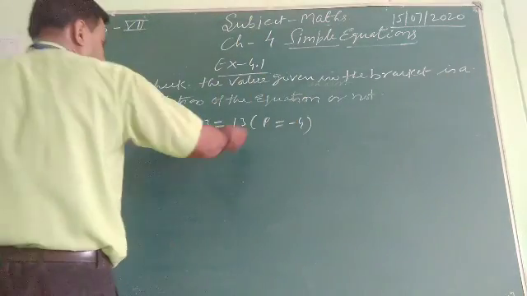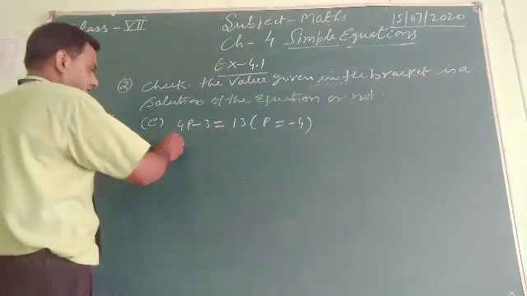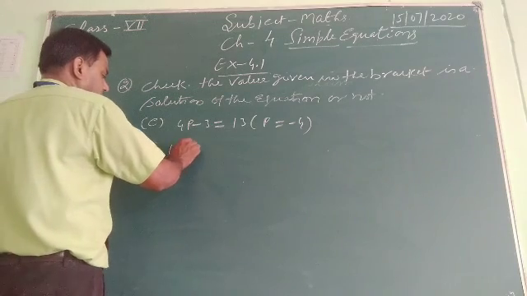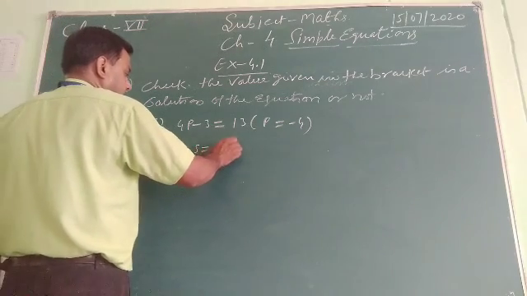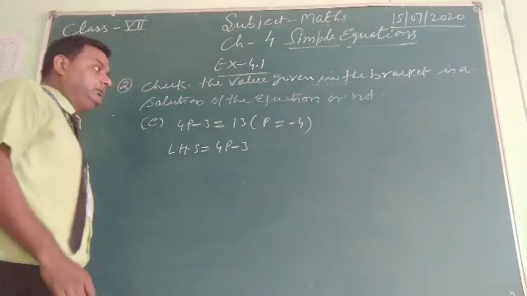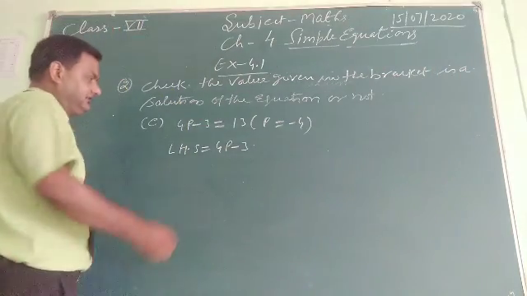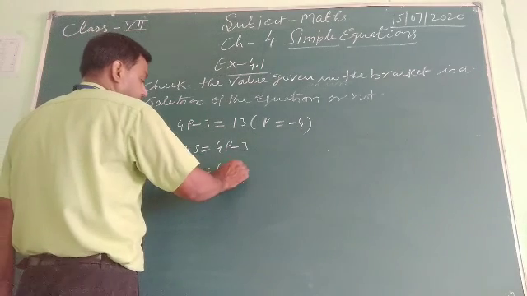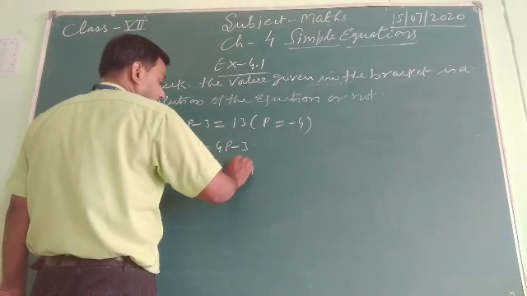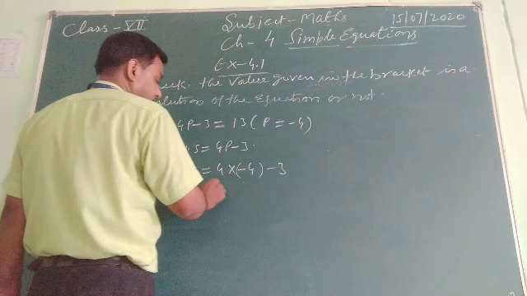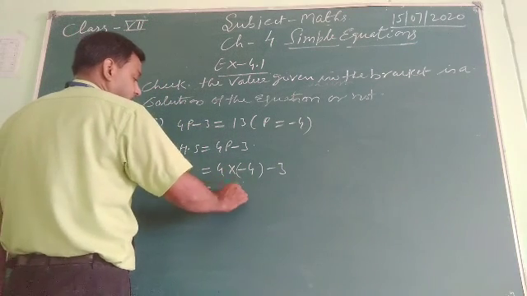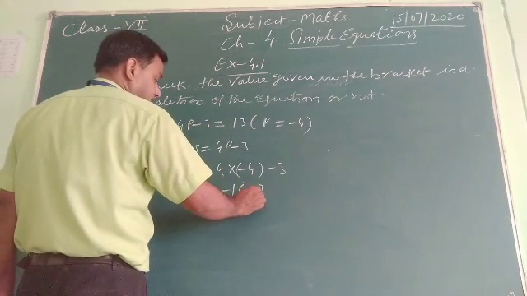Now we will check. First of all, we will take the LHS of the equation. LHS equal to 4p minus 3. Now we will put p equal to minus 4 in the LHS. So 4 multiply minus 4 minus 3. 4 fours are 16, minus 16 minus 3.